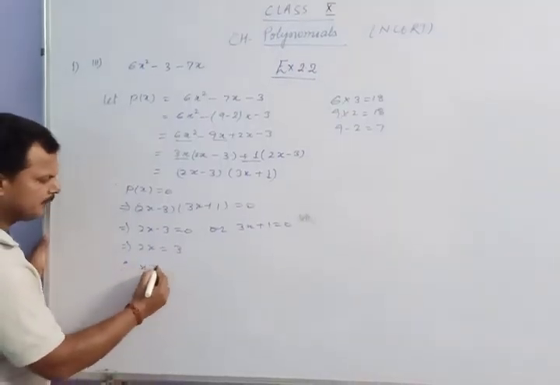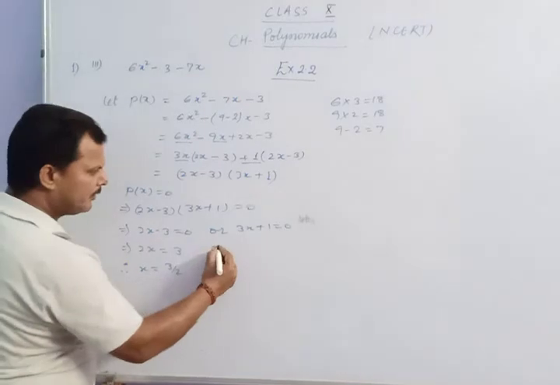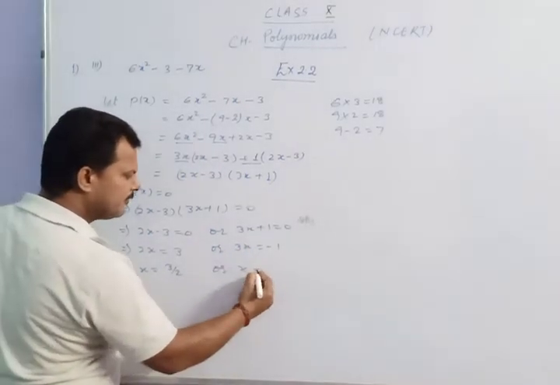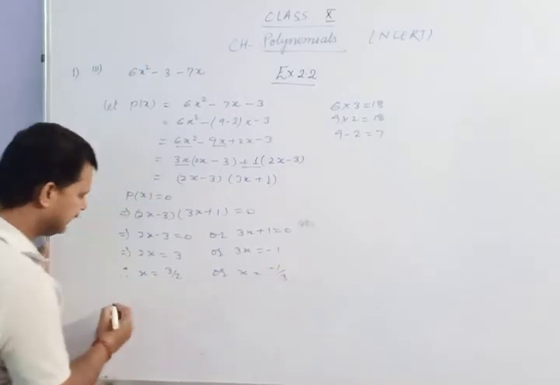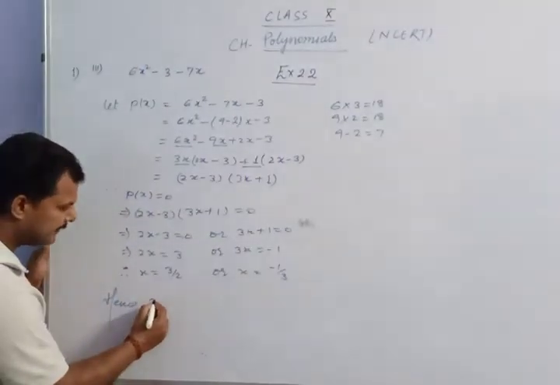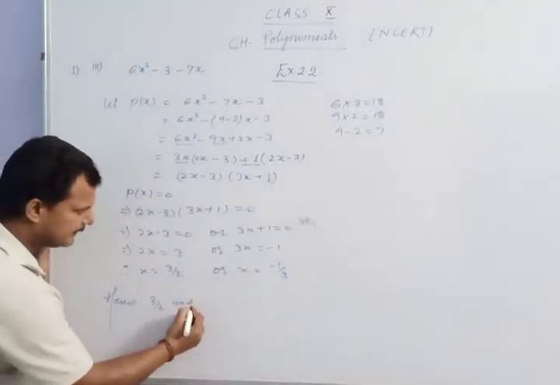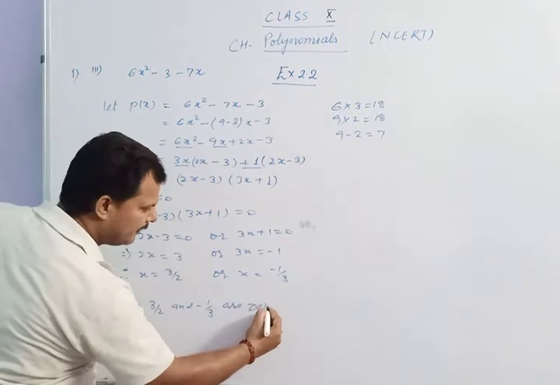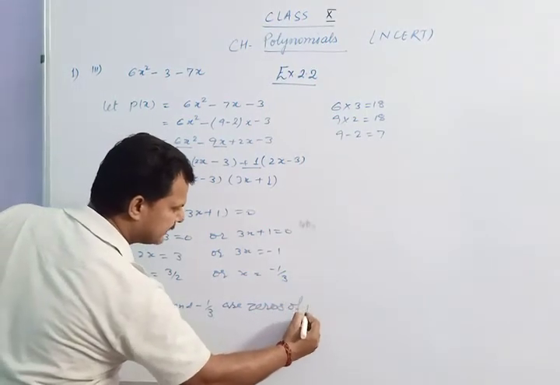Therefore, x is equal to 3 upon 2 or 3x is equal to minus 1 or x is equal to minus 1 by 3. Hence, 3 by 2 and minus 1 by 3 are zeros of px.